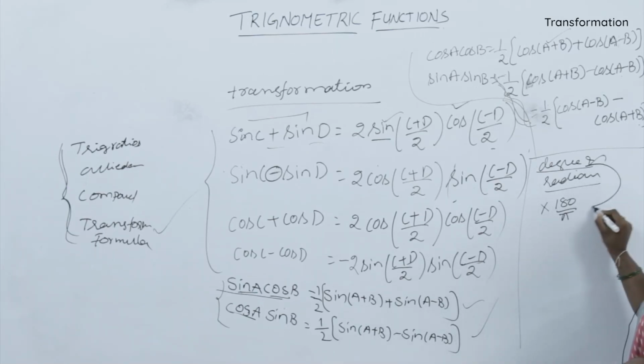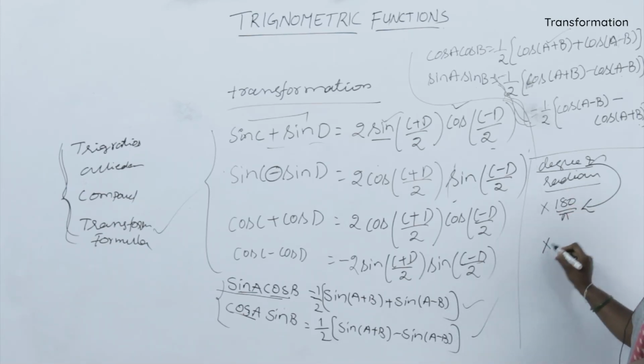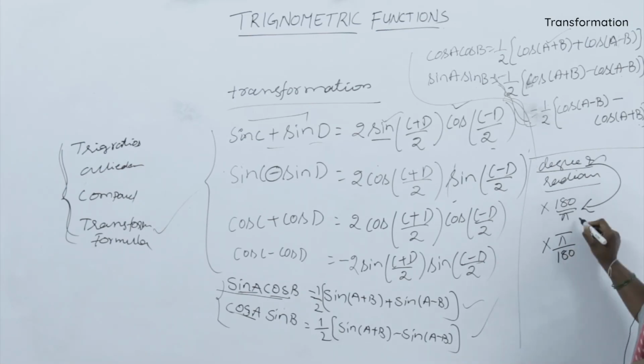To convert into radians, multiply by pi by 180. For example, if I am given 45 degrees, convert into radians.